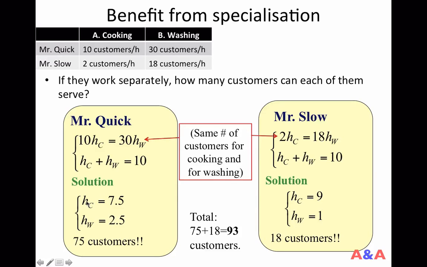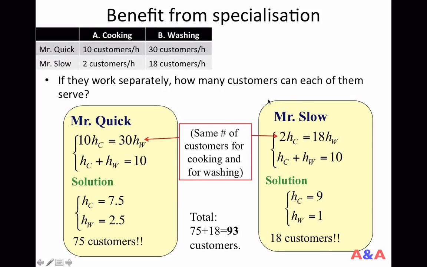If you plug HC equals 7.5 back into the left-hand side of the first equation, or alternatively, if you plug HW equals 2.5 into the right-hand side of the first equation, you can see that Mr. Quick serves 75 customers. Okay? Out of 10 hours he has, he allocates 7.5 hours on cooking and 2.5 hours on washing, and that way he can serve the maximum of 75 customers.